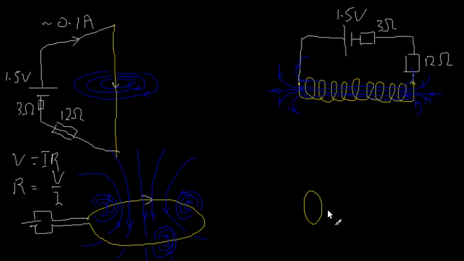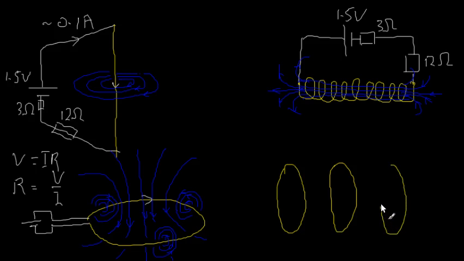Now let's say I have another loop there. I should draw it bigger. A loop here, a loop here, a loop here. I'll just draw 3 loops.